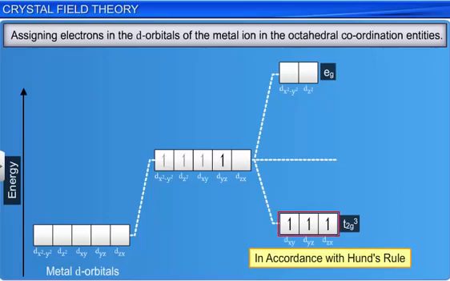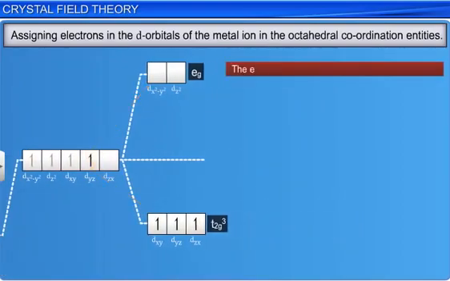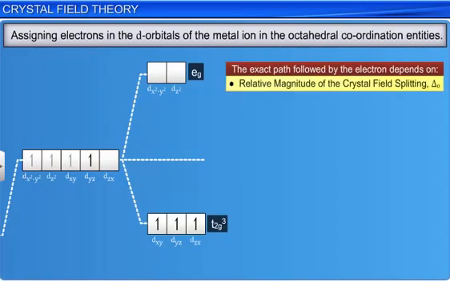The first possibility is that it may enter a T2g orbital and pair up with an existing electron there. The other possibility is that it may enter the higher Eg orbitals. The exact path followed by the electron depends on the relative magnitude of the crystal field splitting, delta O, and the energy required for the electron pairing in a single orbital, that is, pairing energy P.